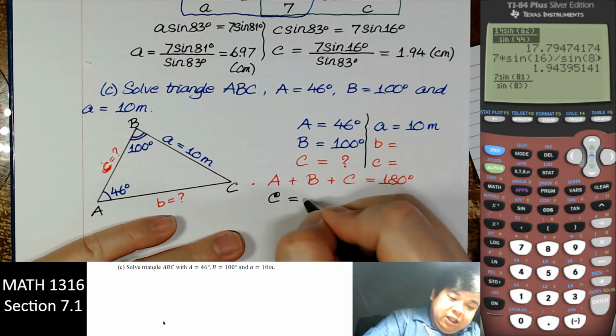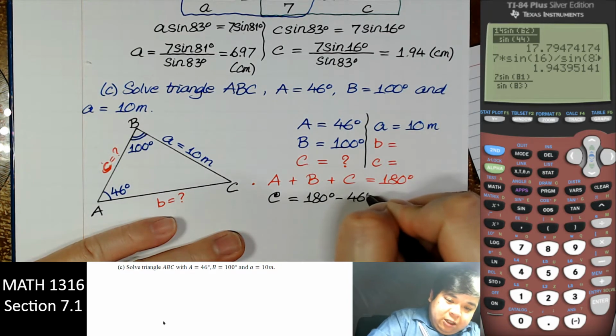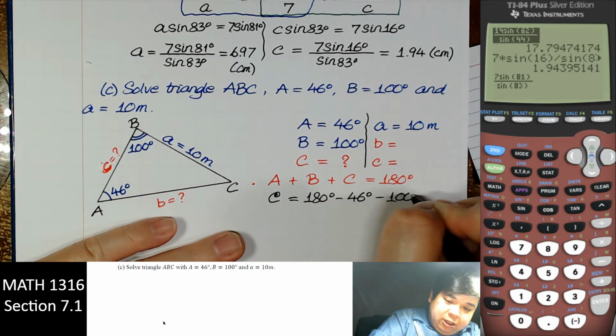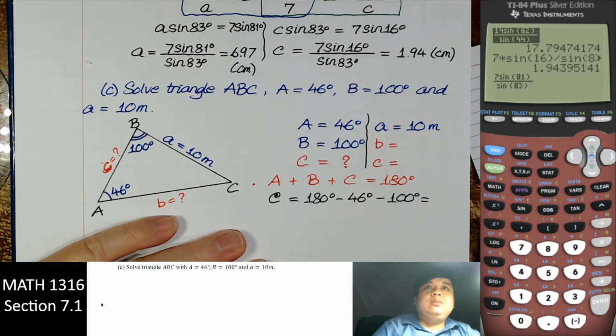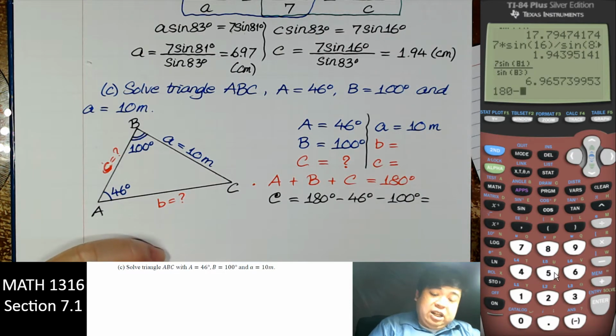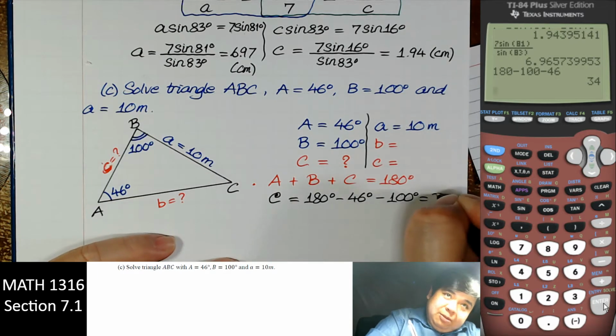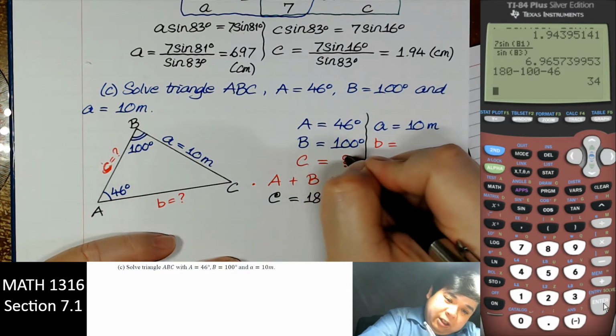Angle C, 180 minus 46 minus 100. We don't even need a calculator for this, but 34, right? 34.